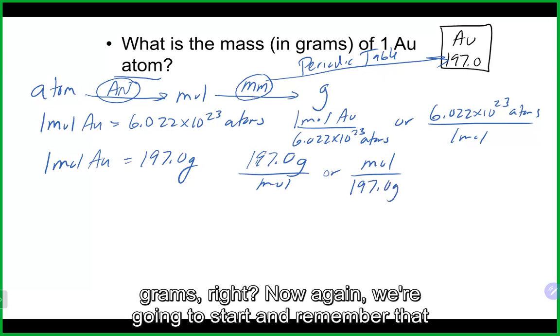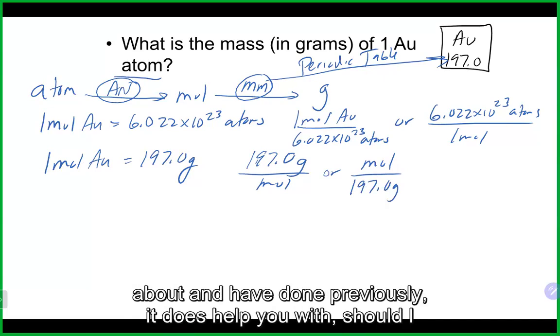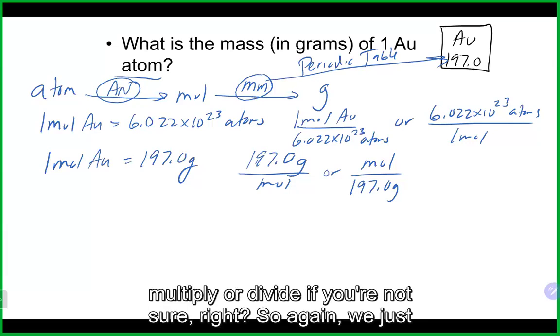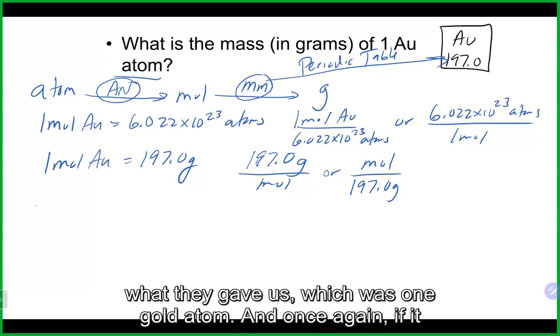Now, again, remember that if you set it up with dimensional analysis like we were talking about and have done previously, it does help you decide whether to multiply or divide if you're not sure, right? So again, we just want to put things in opposite locations. So we'll start with what they gave us, which was 1 gold atom.